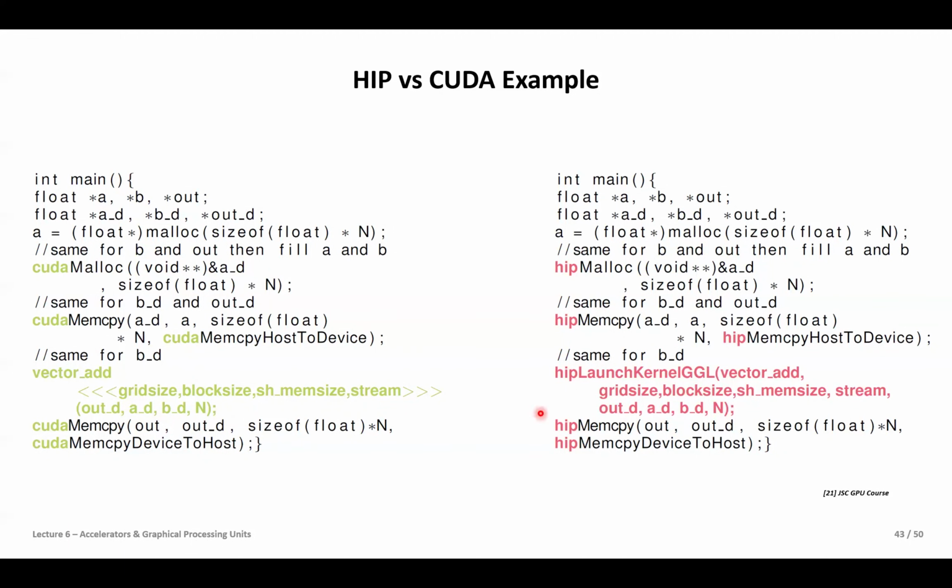Then we have some sort of kernel, some optimization, some computing we really want to do, which is very similar to be done in HIP as we did in CUDA. And then you have the memory copy out again, so of course you want to get the results back to your host CPU after that.